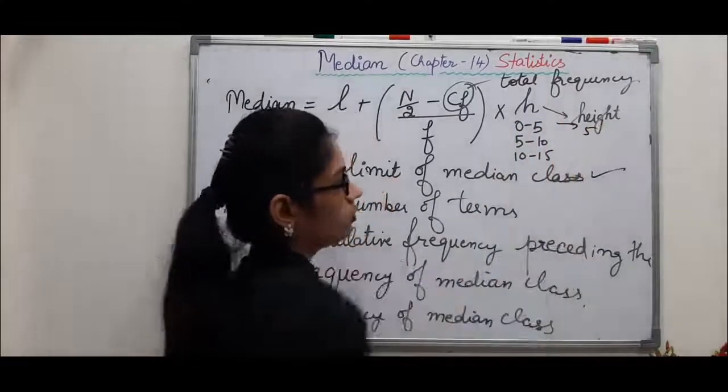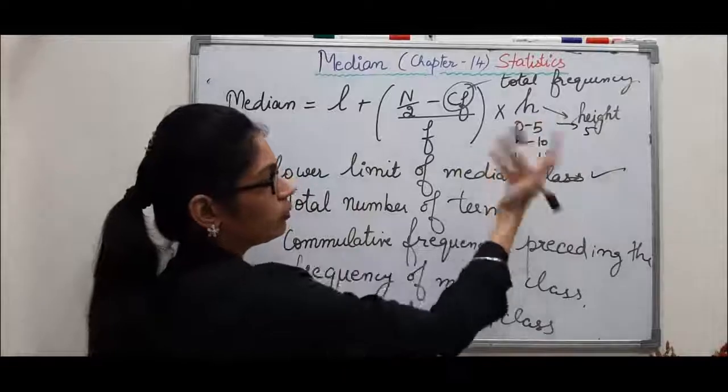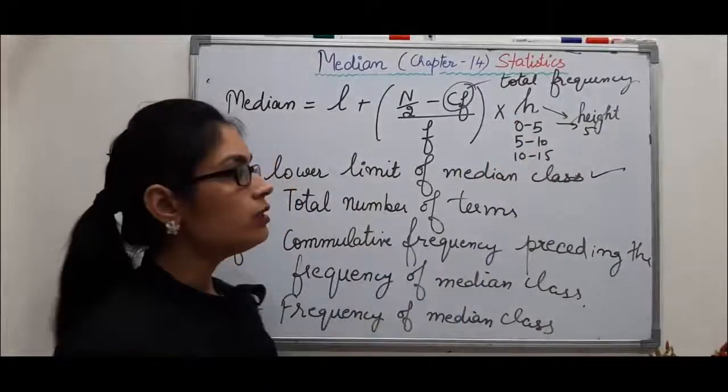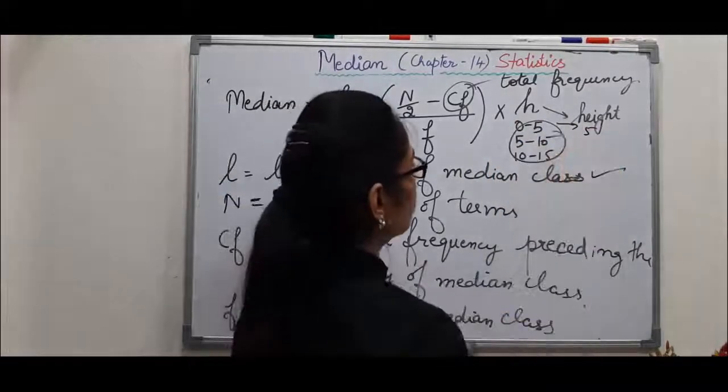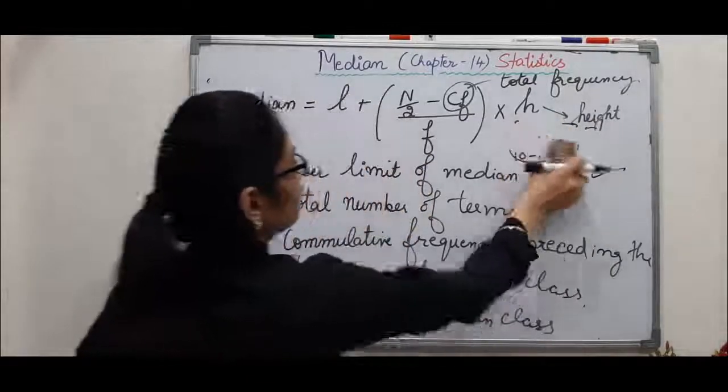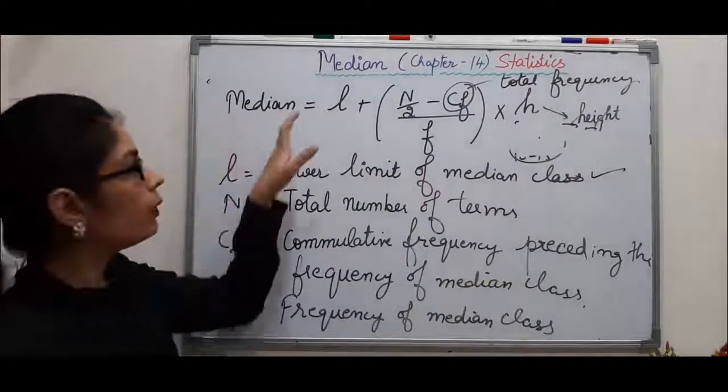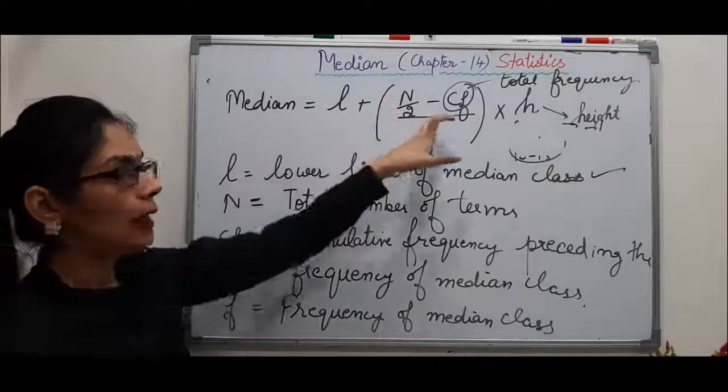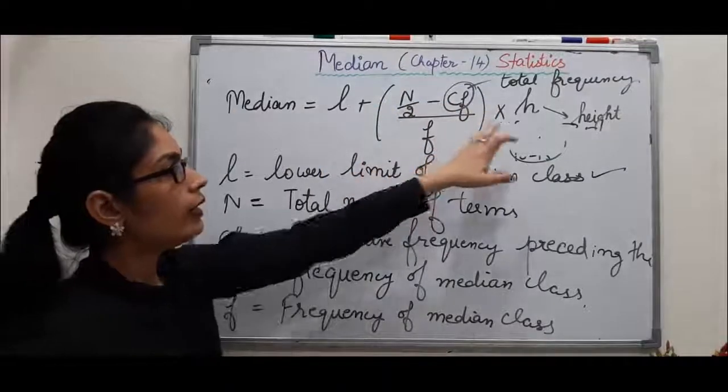It is the difference of the class interval: 5 minus 0 is 5, 10 minus 5 is again 5. So h is the height of the class interval. Once again we'll revise the formula: median is equal to L plus n by 2 minus CF upon f into h.